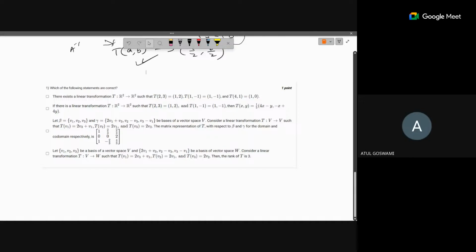So the first option: there exists a linear transformation T from R2 to R2 such that T of (2, 3) is this, and T of (1, -1) is this, and so basically 3 vectors in R2 are given. So is it a linear transformation? How do we check?